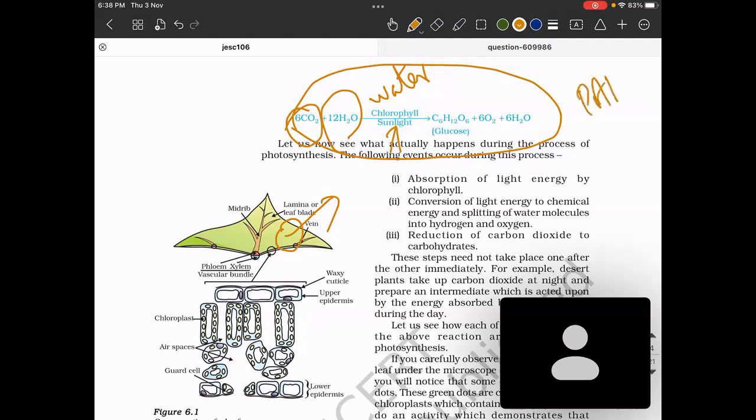Okay, what is PAR? Not sure, sir. The sunlight has a lot of energy, but the plant absorbs a particular wavelength of radiation, which is actually called what?